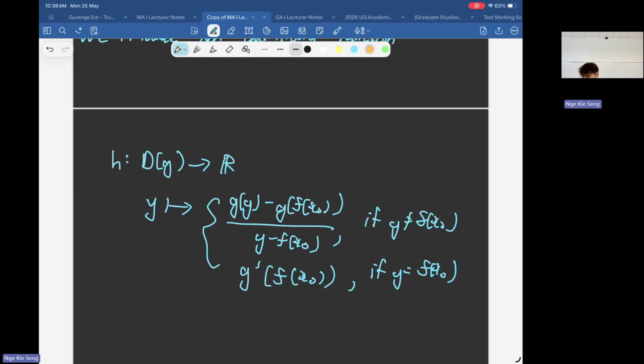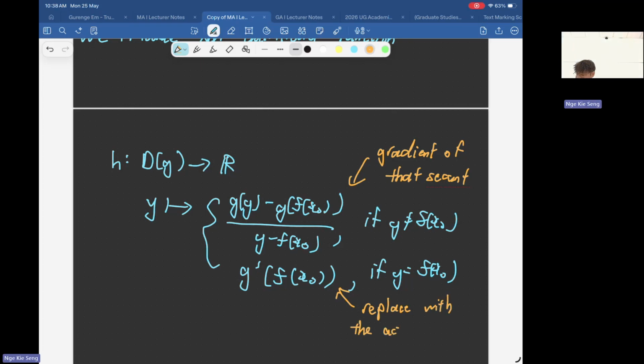If y is not f(x_0), we look at the gradient of that secant. If it is, we just replace it with the actual derivative there.